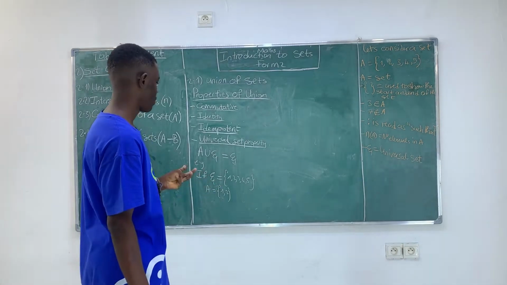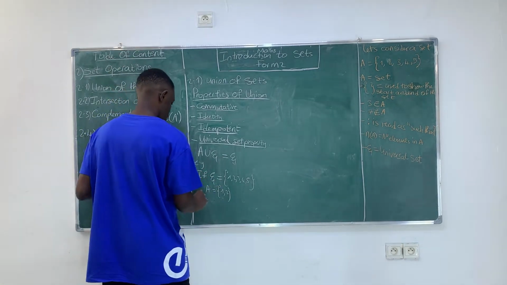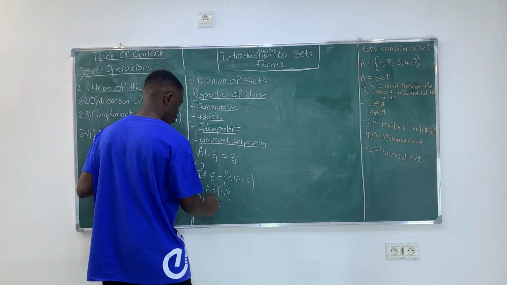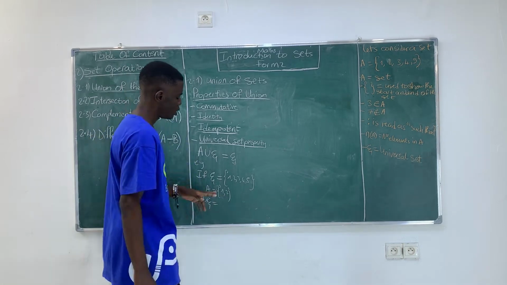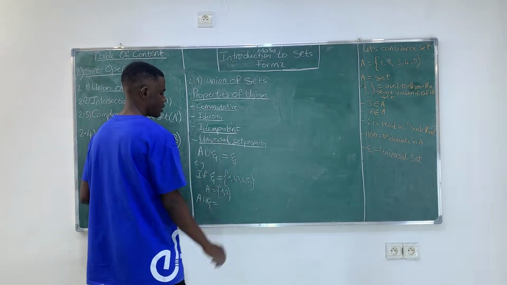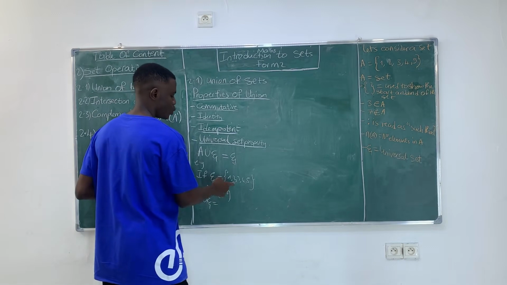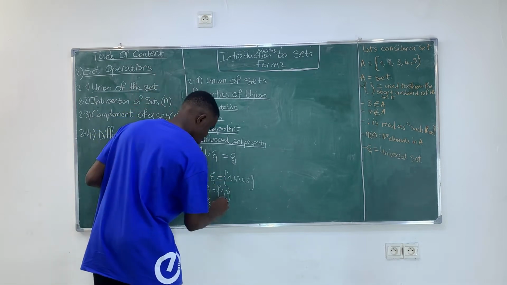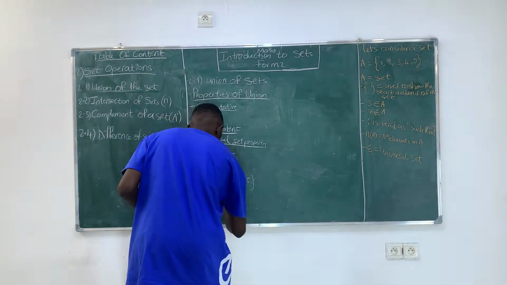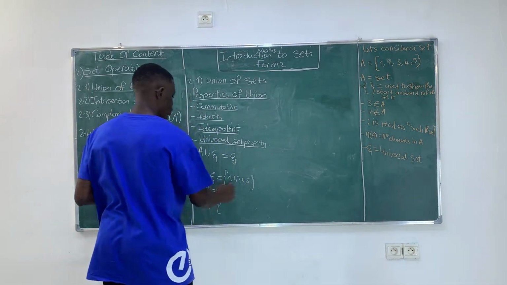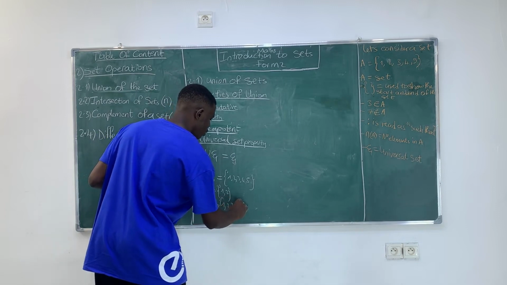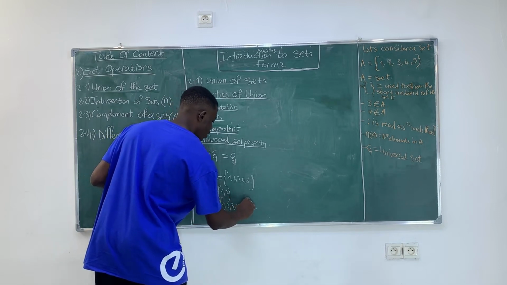What would this mean? A union the universal set is equal to what? 1 is already here and 2 is already here. So if you add all of this to 1 and 2, which is already in it, you will see that it is just going to be the same elements which are already in the universal set: 1, 2, 3, 4, 5.